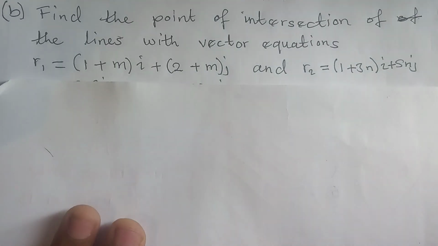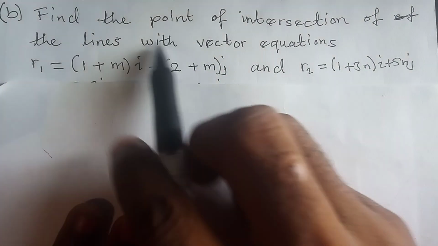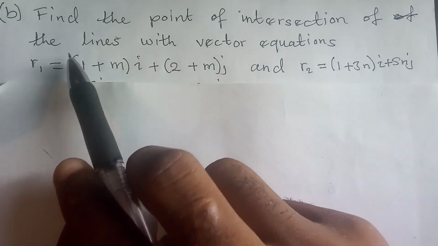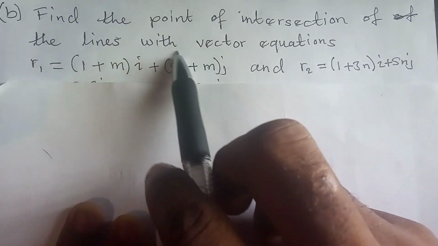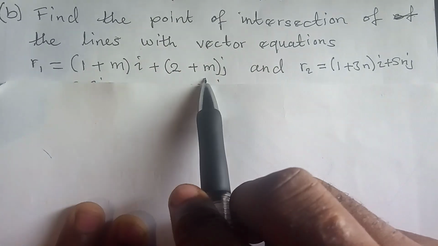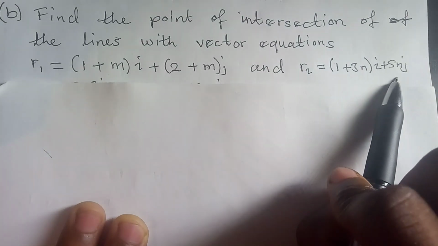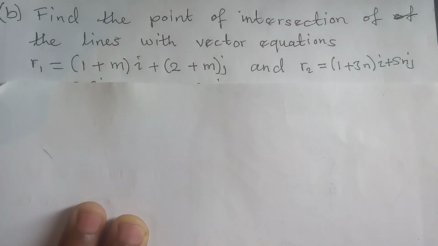And then for part B, we have: find the point of intersection of the lines with vector equations, this and this. So this is exactly what we do in coordinate geometry. When you want to find the point of intersection, you have to solve the two equations simultaneously.